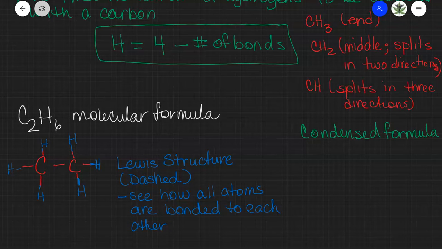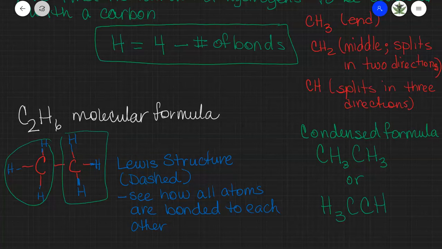So we look at the Lewis structure in order to do the condensed. On the first carbon, we have CH3. And on the second carbon, we have CH3. Or if I wanted to write it as H3CCH3, I can. That represents the condensed formula.